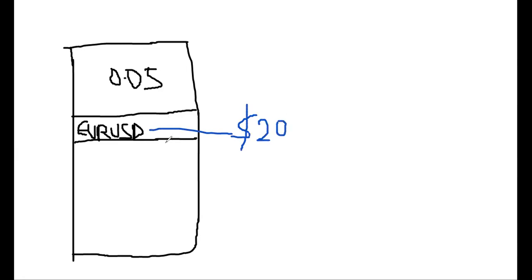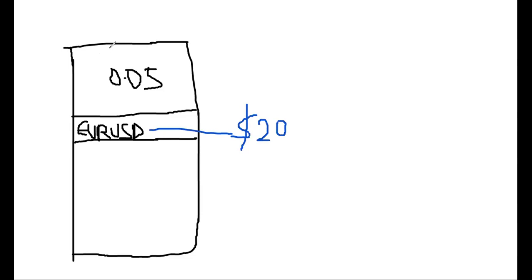Because you have been in the trade already, you tell yourself that you want to take part of this profit. So what do you do? You come here and modify your Euro USD trade. You have 0.05, and you can now modify the lot size.